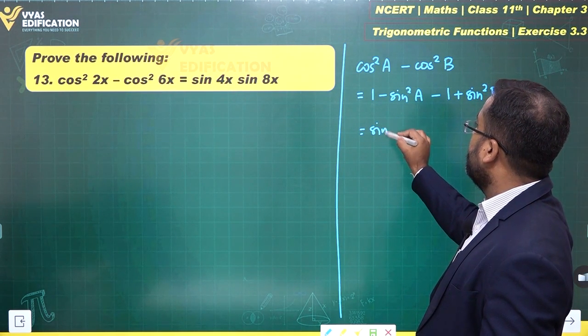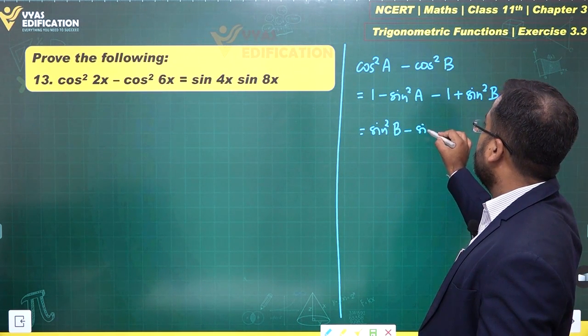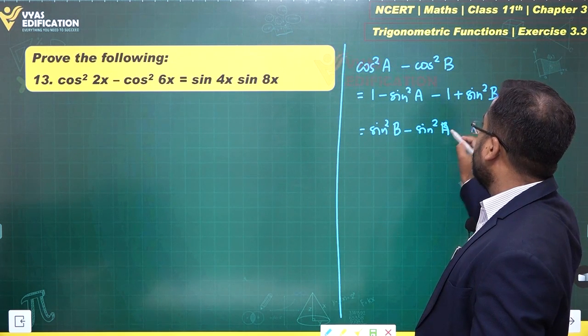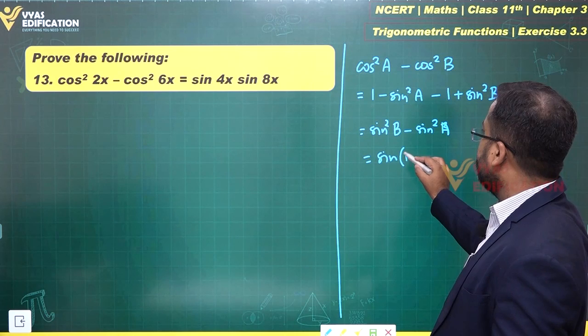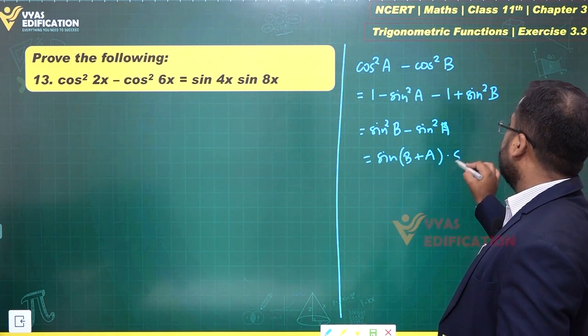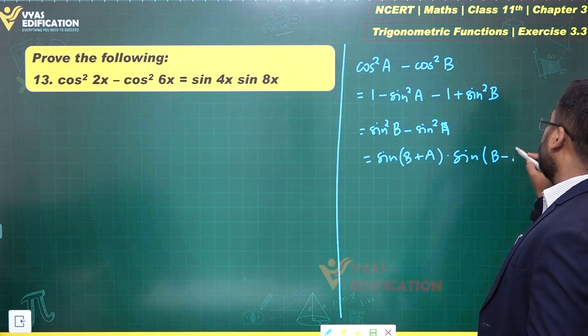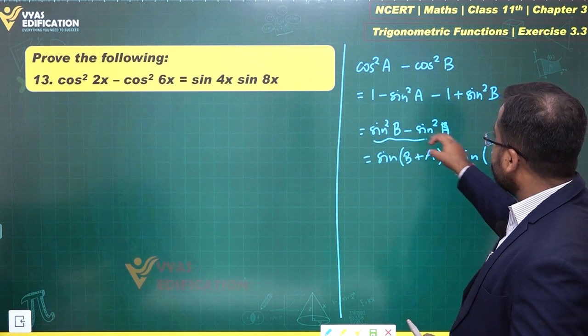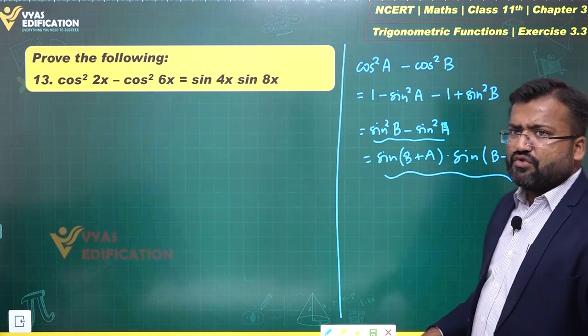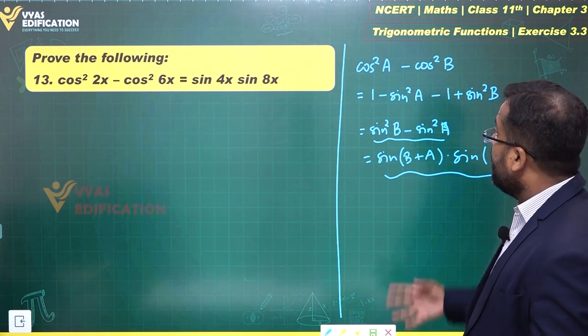And this will be equal to sine of b plus a times sine of b minus a. This is what it will be equal to. And the proof of this is something which I have discussed in the previous question. You can refer to that solution.